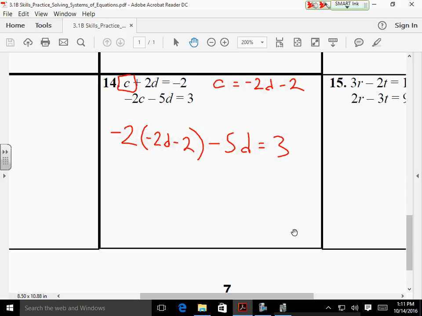And the reason substitution is helpful is because instead of having two equations and each equation having a C and a D, which doesn't get me anywhere, now I have one equation that just has D. And so, using algebra, I can get D by itself. And I can actually get a value for it. Let's go through the algebra. It becomes 4D plus 4 minus 5D equals 3.